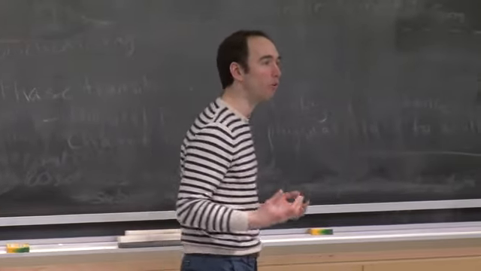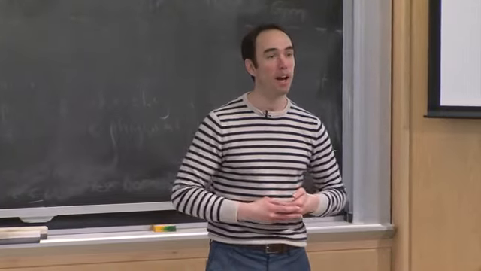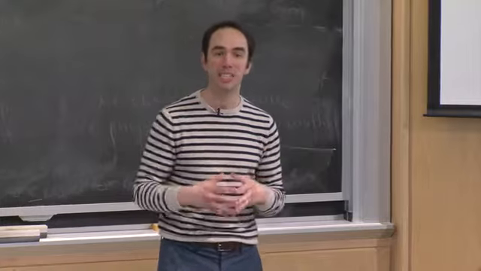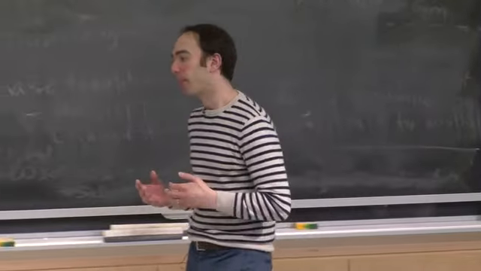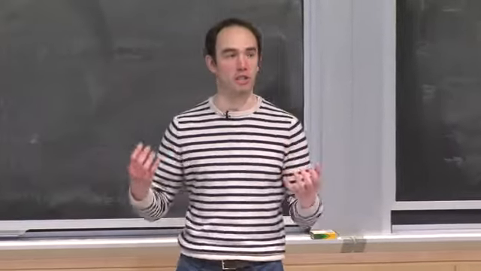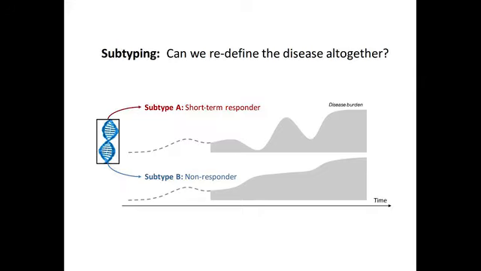And in doing so, it'll allow us to better take care of patients by first of all coming up with guidelines that are specific to each of these disease subtypes. It'll allow us to make better predictions based on these guidelines. So we could say a patient like this in subtype A is likely to have the following disease progression. A patient like this in subtype B is likely to have a different disease progression, or be a responder or a non-responder.